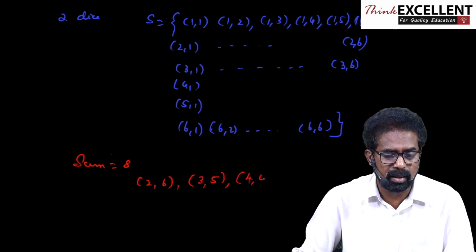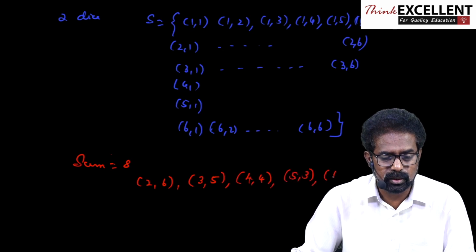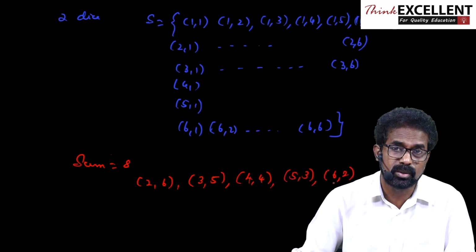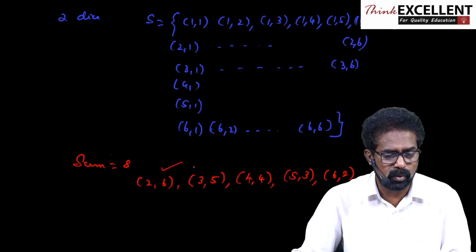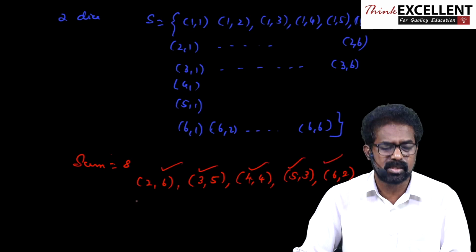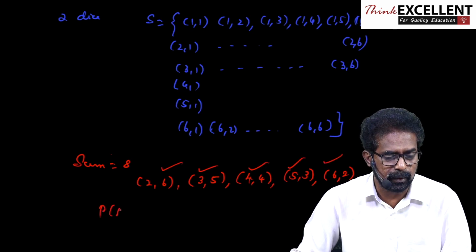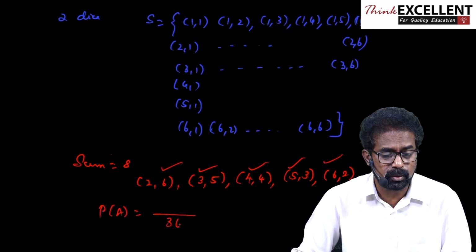Fourth row 4,4 is 8. Fifth row 5,3 is 8. Sixth row 6,2 is 8. Seventh row 7,1, no seventh row, right? So stop here. So how many cases? 1, 2, 3, 4, 5 cases. So for the required probability, the denominator is 36 because totally there are 36 elements. Favorable cases 5. So your answer is 5 by 36.